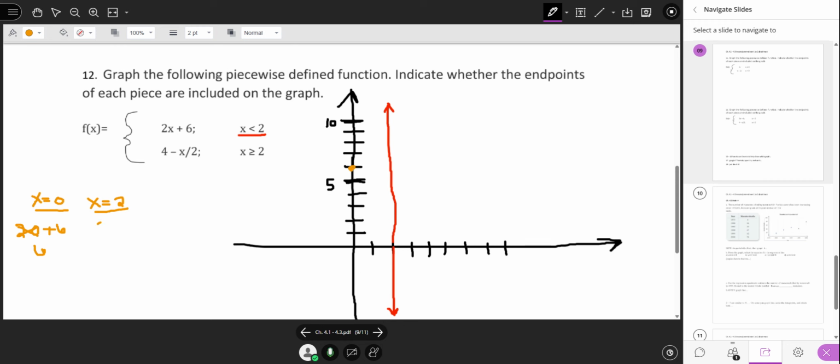And then 2 times 2 plus 6 is 10. Now, this does not have an equals, so I have to put a parenthesis.